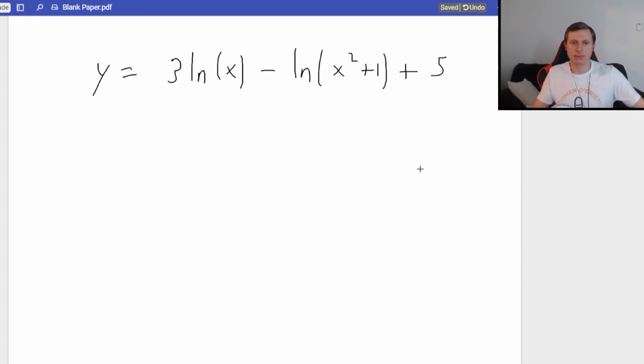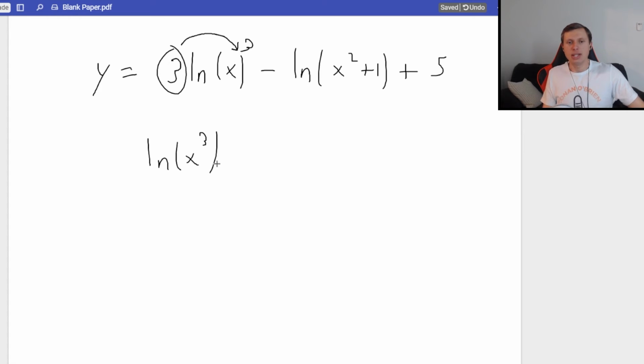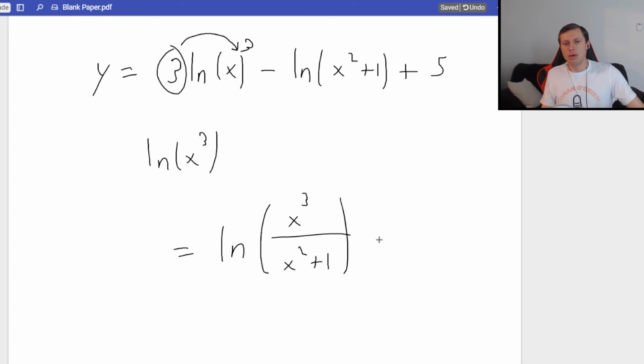So here's the first thing I'm going to do. This 3 can be written right here as x cubed. So really this is the natural log of x cubed. Now how do I factor in the minus natural log of x squared plus 1? Remember, minus means division. So I can rewrite this now as the natural log, in the numerator x cubed, denominator x squared plus 1. We still have this plus 5 out here.